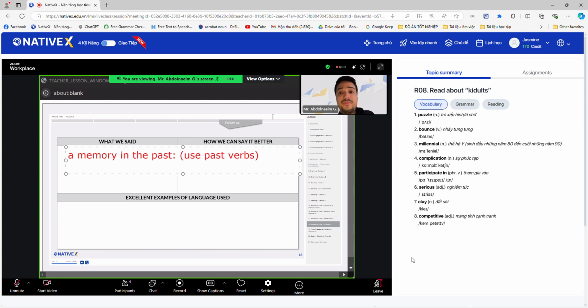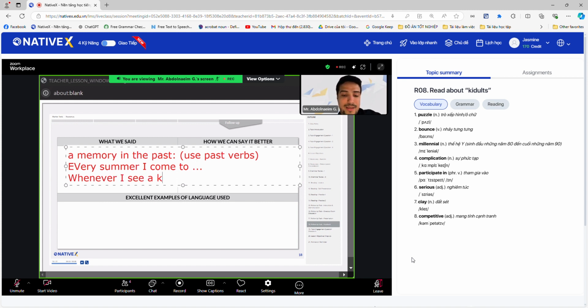For example, Ms. Yen, in your speaking you said, every summer I come to fly kite. Whenever I see a kite, I want to blah, blah, blah. So I want to learn to fly a kite.